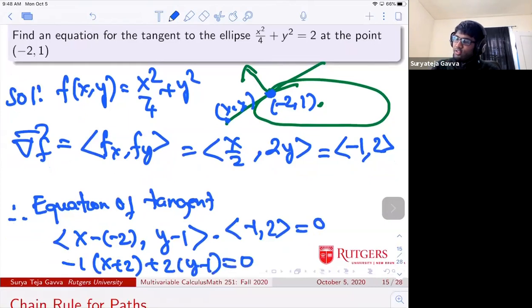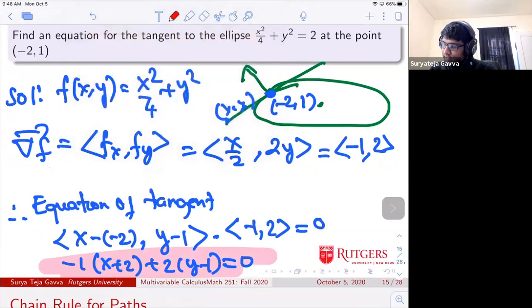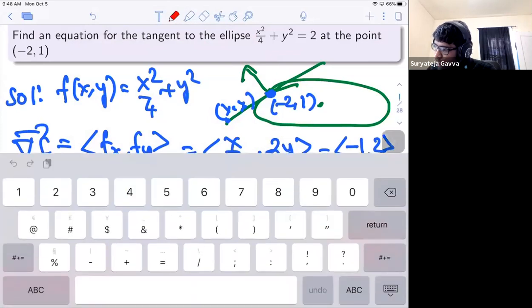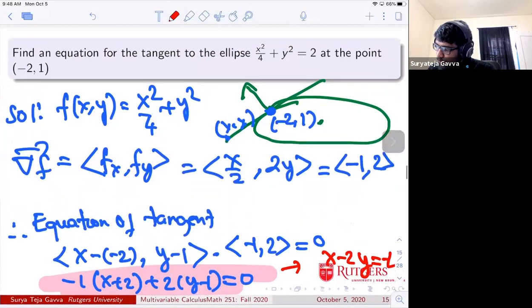So that's the equation of the tangent line. You can simplify this if you want, just bring x's and y's on one side. So this would be x minus 2y equals -4.